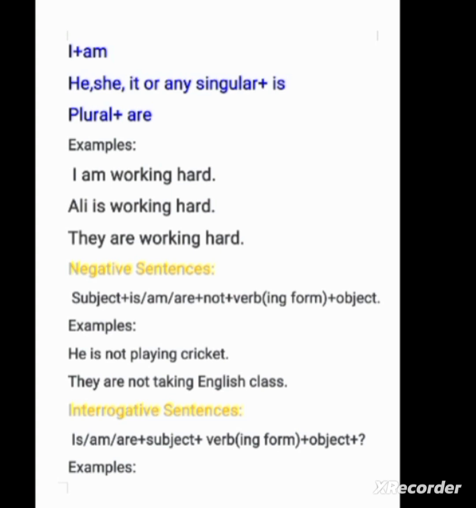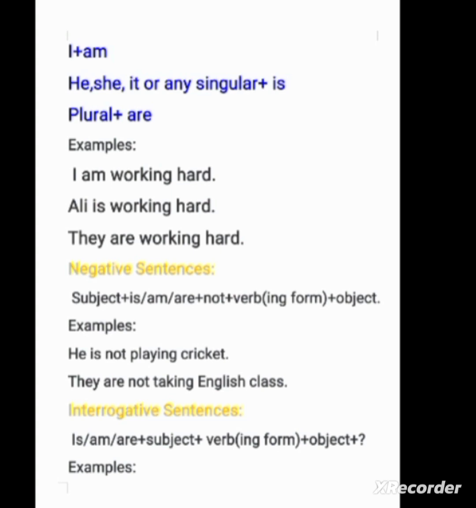So what will be the structure for negative sentences? The structure will be the same, we only have to use not. Subject plus is, am, are plus not plus ing form plus object. For example, he is not playing cricket.